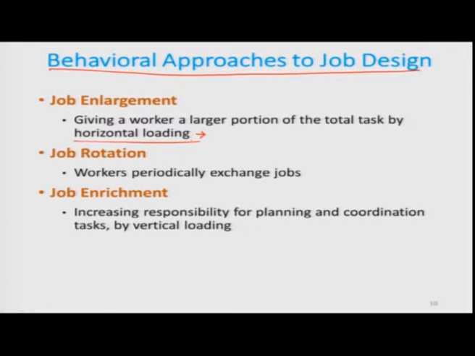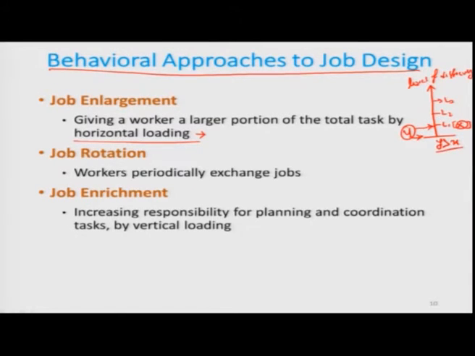Horizontal loading means, suppose this is the level of difficulty, level 1, level 2, and a laborer is capable of producing x amount of product, and you assign him y amount of product, at the same level, where y is greater than x.